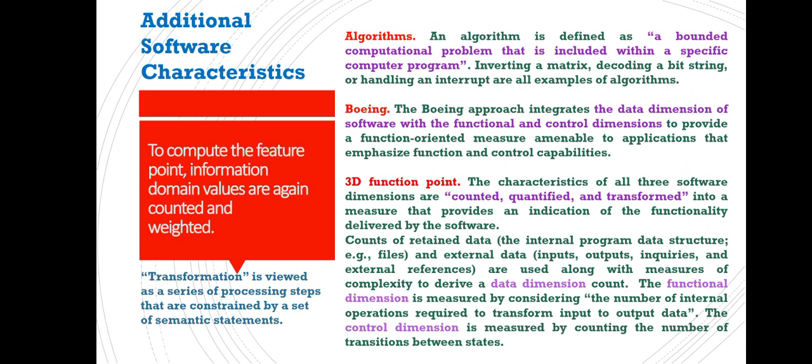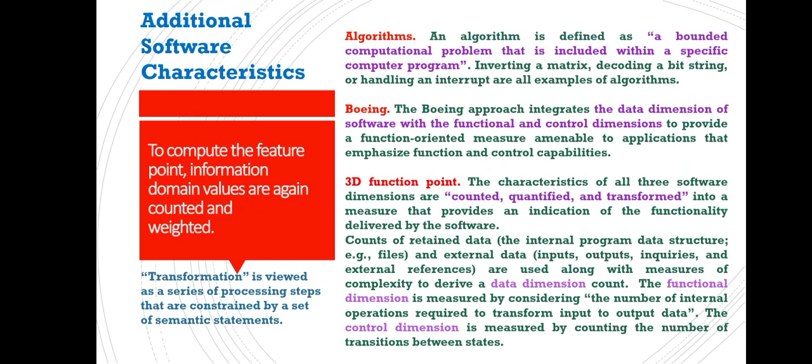for the feature point. Those are, the first one is algorithm. Algorithm is defined as a bounded computational problem which is included within a specific computer program. As we have already discussed algorithms in C language, similarly you will have an algorithm definition here also, which includes inverting a matrix, decoding a bit string or handling an interrupt.